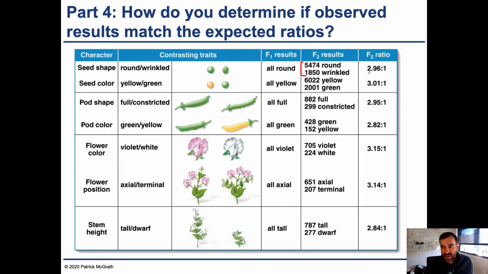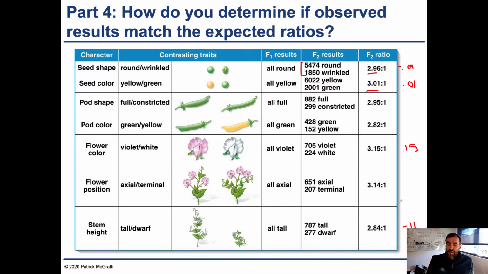In this last column we see, for these first two, 2.96 and 0.01. So this differs by 0.04 from the 3-to-1, and this differs by 0.01. In these other ones, we have an even larger deviation. I guess that's negative 0.04. This one right here is 0.15, and this one right here is negative 0.16.